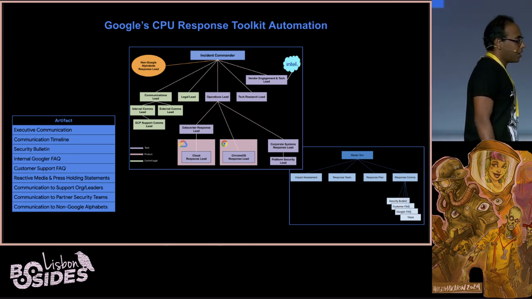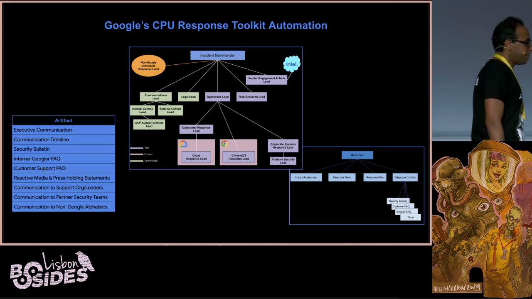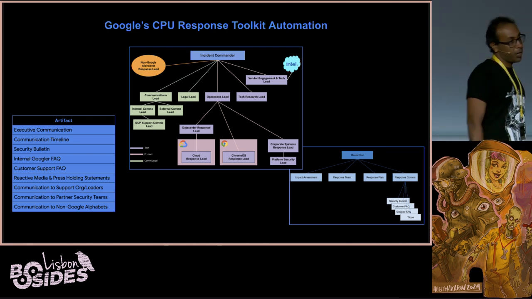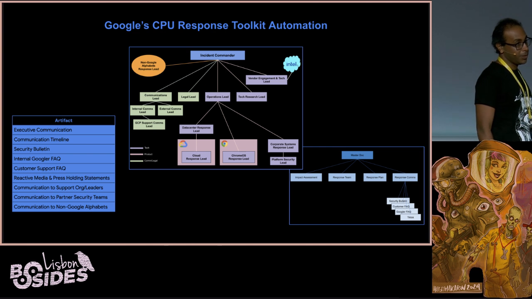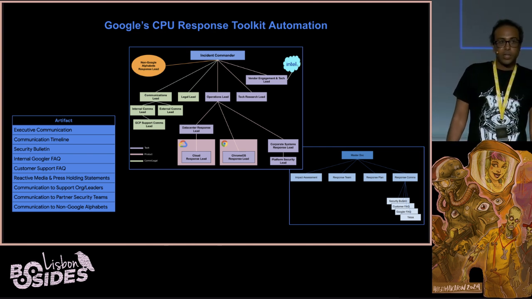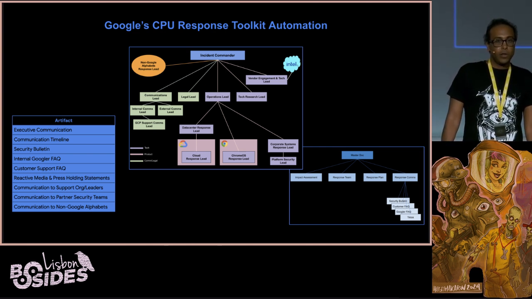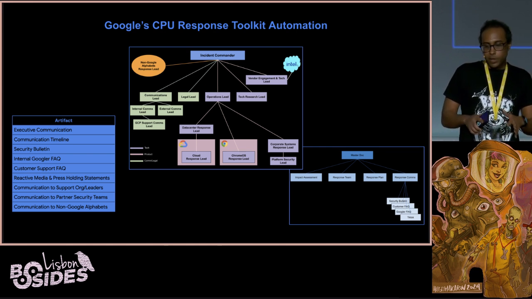One of the things that I thought I could also develop is something that helps us when we respond to large vulnerabilities, like CPU vulnerabilities. One of the things that was challenging was doing things where you feel like, why am I doing this by hand?